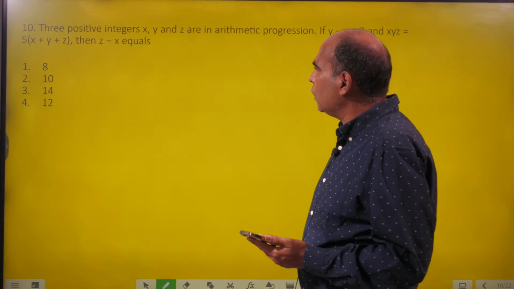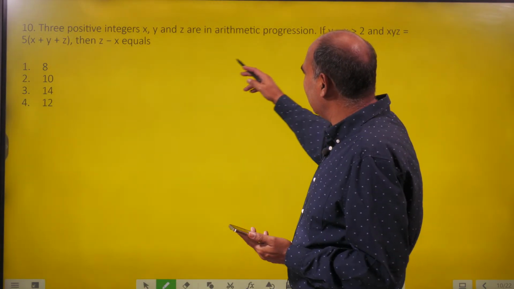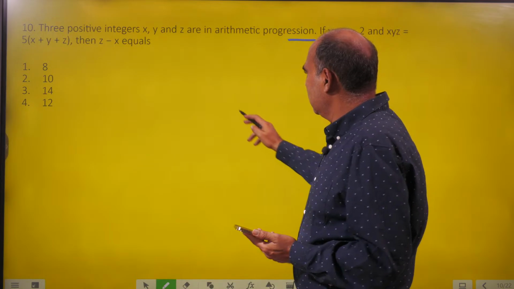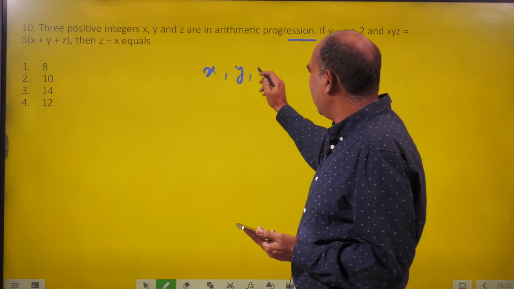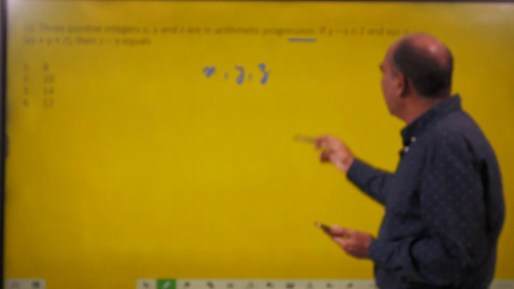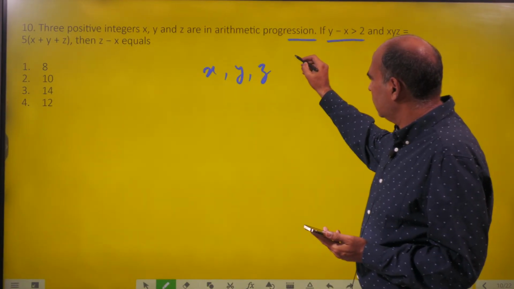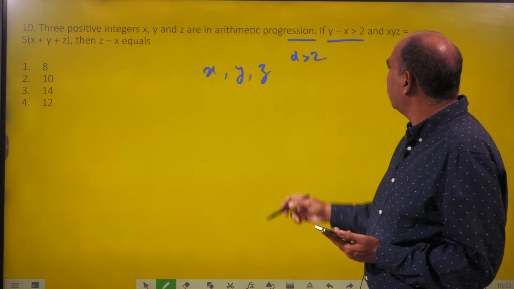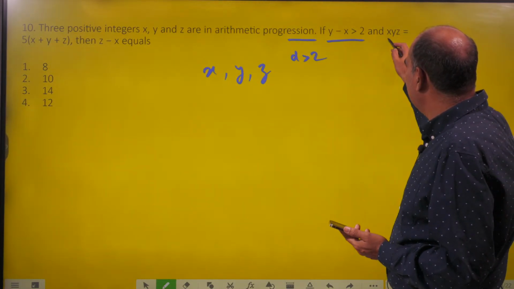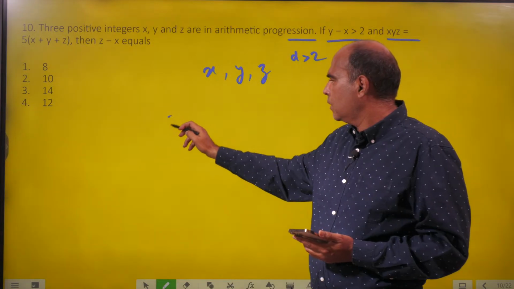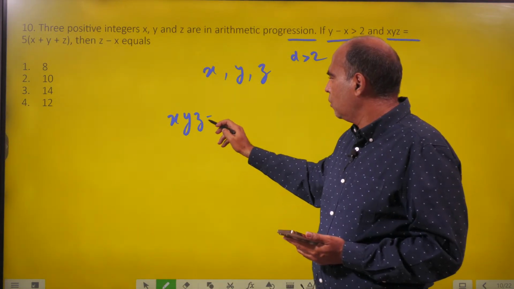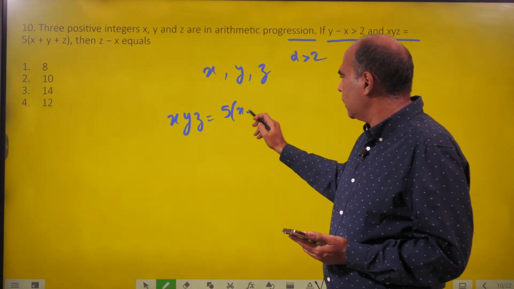So the next question, the 10th one: 3 positive integers x, y, z are in arithmetic progression. So y is the middle term of the AP, and y minus x is greater than 2. That means the common difference of the AP is more than 2. Then they give me this relation, xyz is equal to 5 times x plus y plus z.